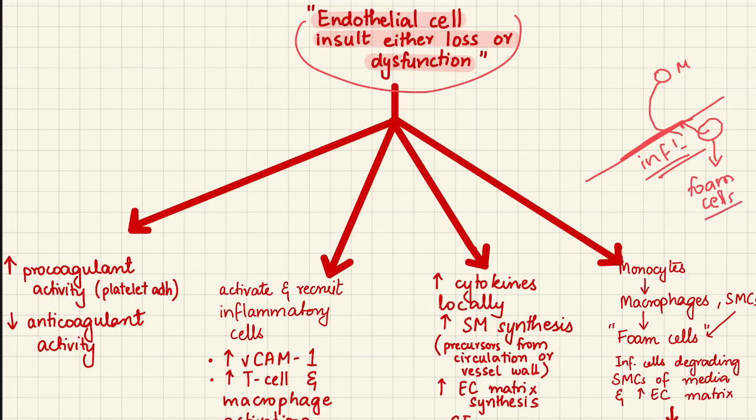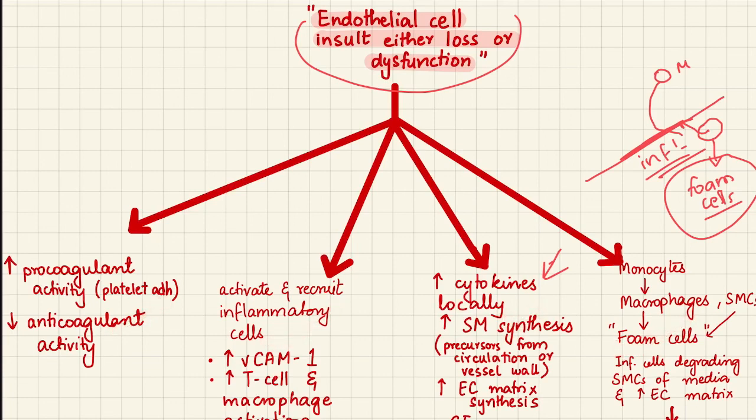Okay, so these foam cells are going to be formed, and they are characteristic of atheromatous plaques. After the formation of these foam cells, simultaneously other processes such as increased cytokine production are also going on, as I said here, and these are not separate processes.